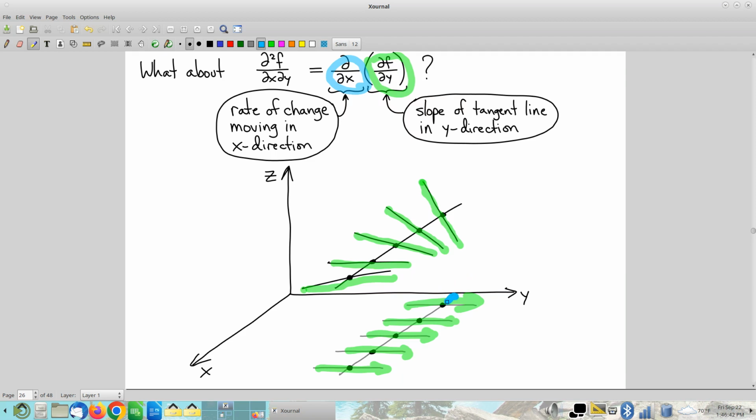Because now I can say, okay, look, as I move in the x direction, this little blue line down here in the domain sort of represents me moving in the x direction, and as I move in the x direction, I want to know how the y partials are changing, right? So you look at the picture here. Okay, let's just kind of follow this blue line. When I'm back here, the y partial looks like about -2.